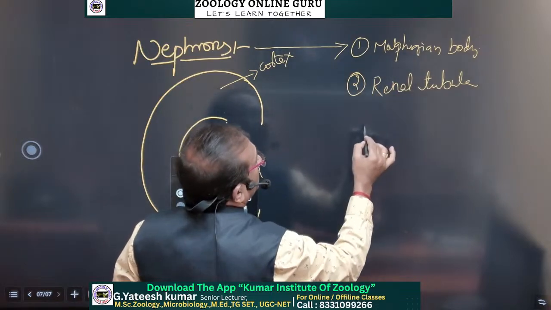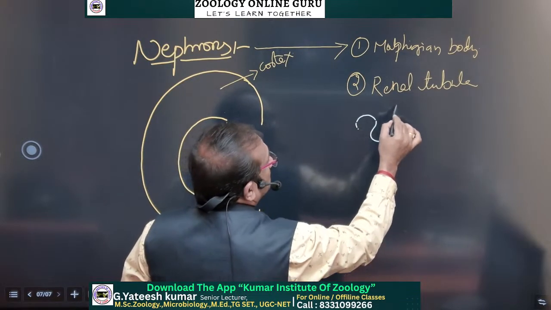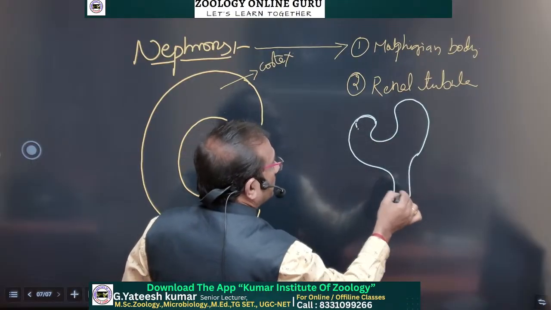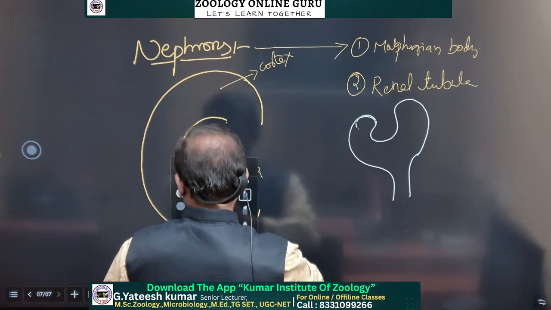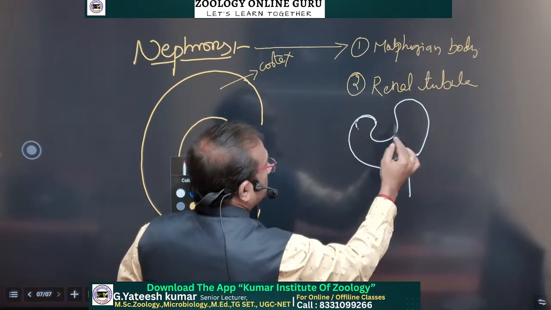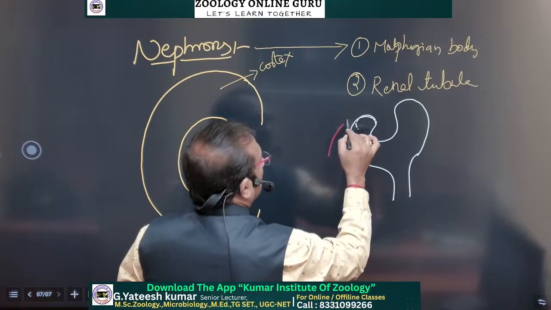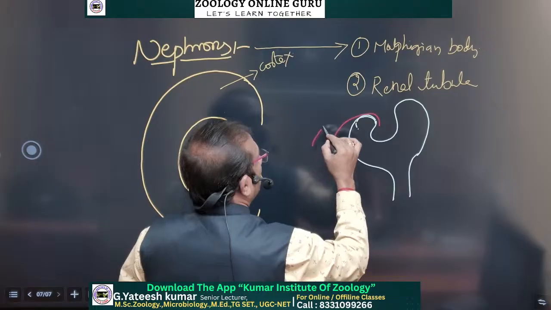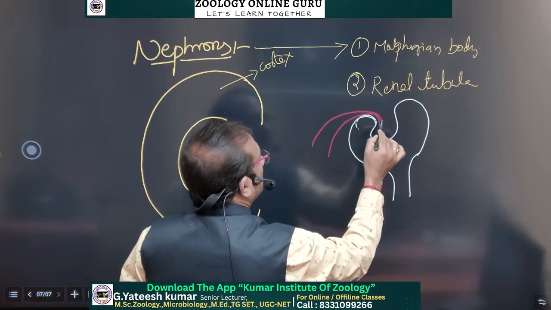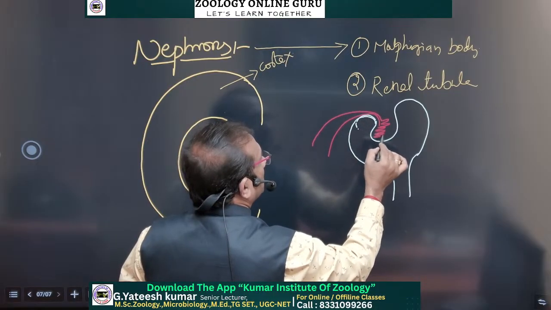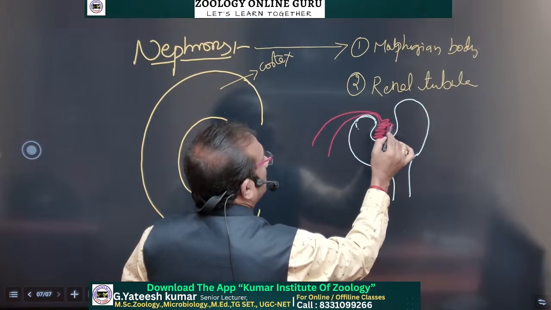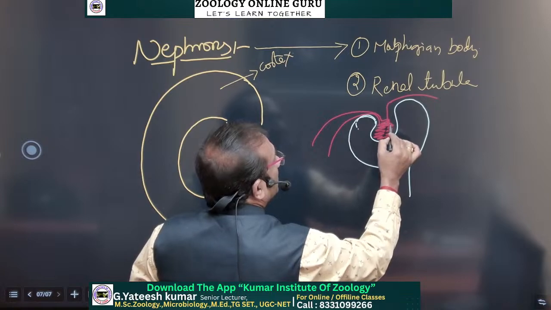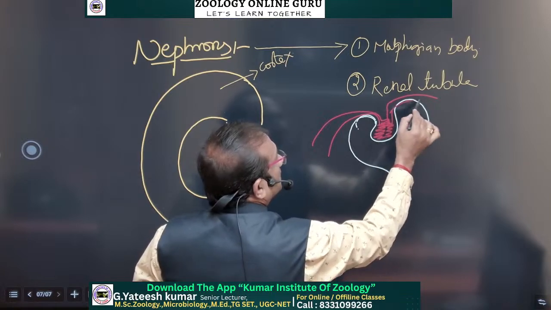Malphizian body is with two parts. One is a cup-shaped structure, and into the other the afferent arteriole enters inside and makes a filtering organ, and leaves the Bowman's capsule outside.